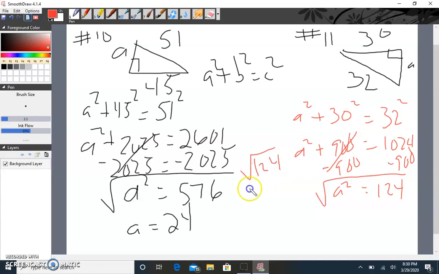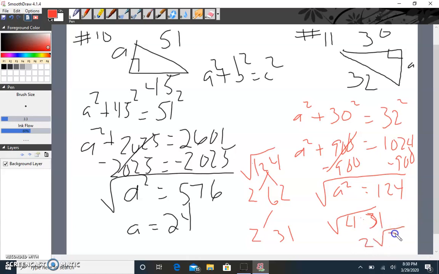Now, 124, we take a factor of 2 out. Gives us 62. We can factor out another 2 and gives us 31. Now we have prime numbers of 4 times 31. Square root of 4 is 2.